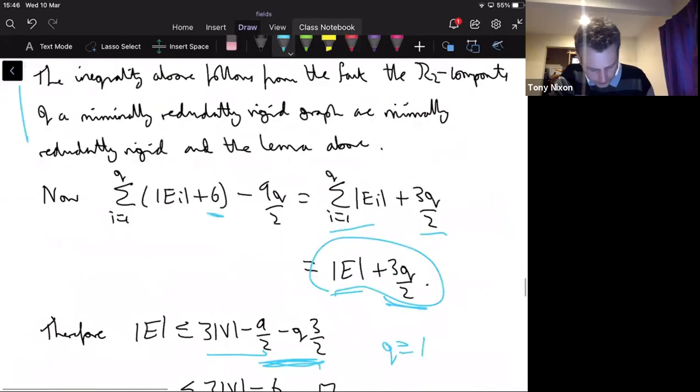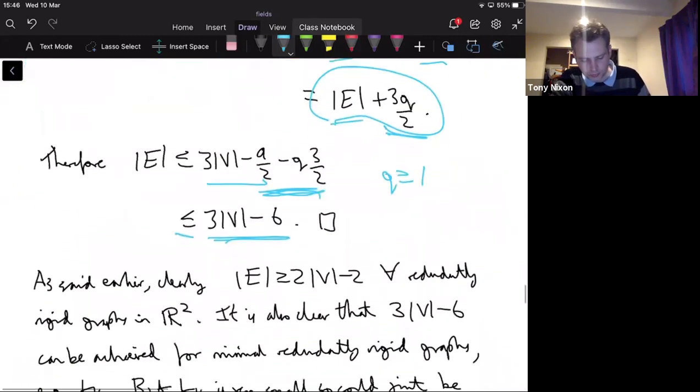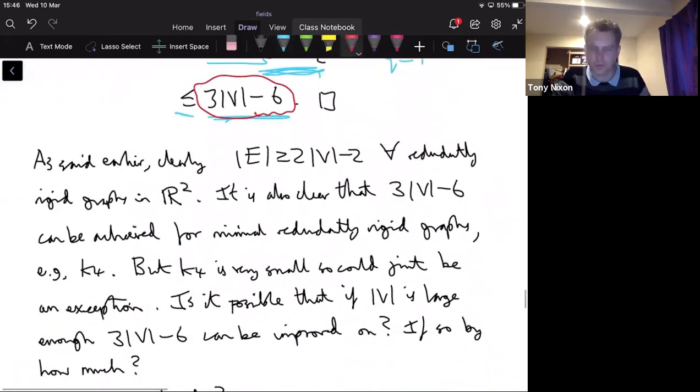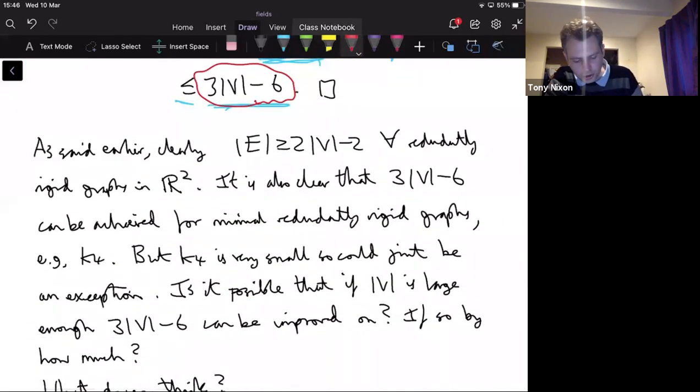Oh, I've gone too far. Okay, so I thought I'd try and get you guys thinking a little bit. Can we achieve this 3V minus 6? That's basically a little thing I wanted you to think about for a minute. So we know you need to have at least this, which is satisfied if you're a circuit.